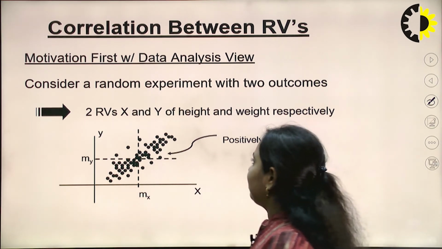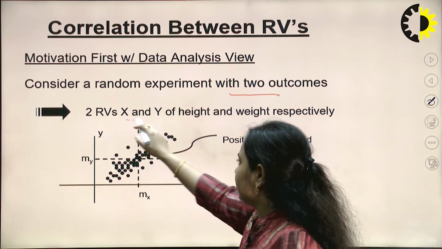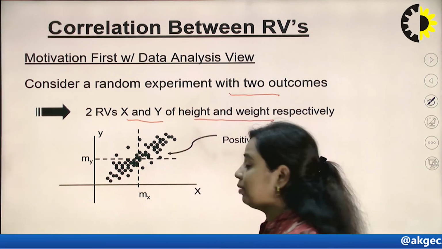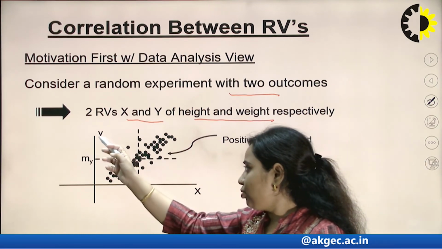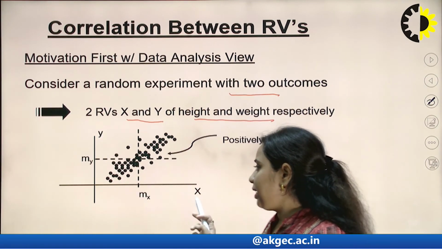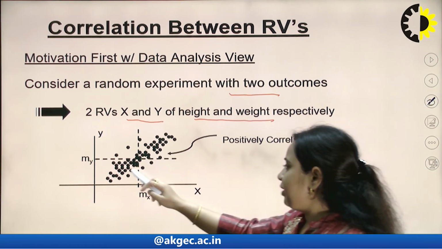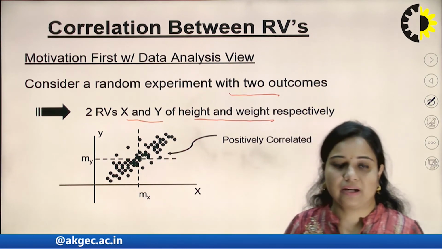So, consider a random experiment with two outcomes. Let us say there are two random variables x and y, height and weight. How are height and weight correlated to each other? You can plot a 2D graph with the two random variables y and x. If they are positively correlated, then the points on the scatter plot are closely packed with each other.